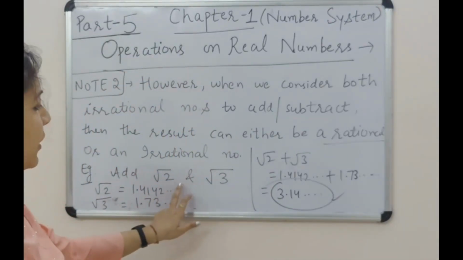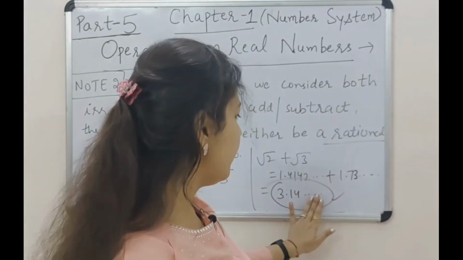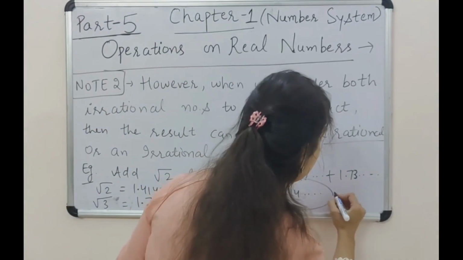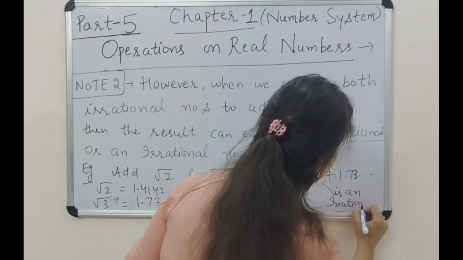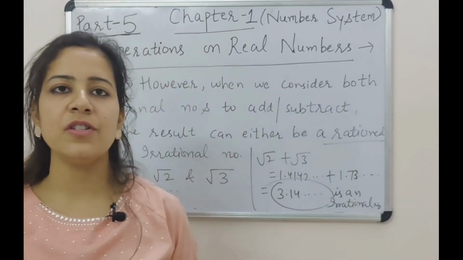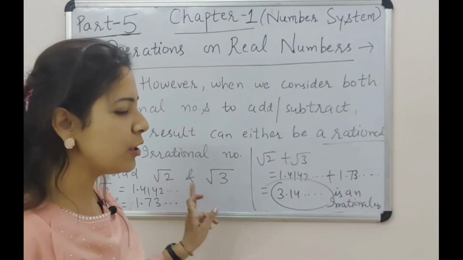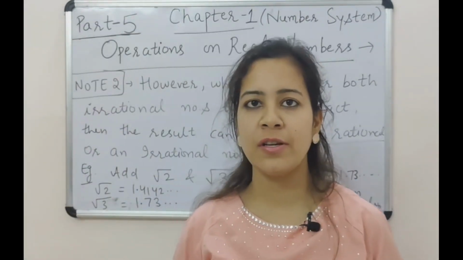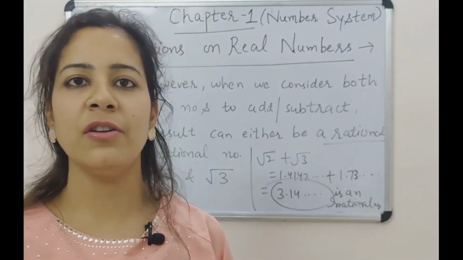So what is the difference over here? Since I have considered two distinct irrational numbers, that is why my output is becoming an irrational number. And in the previous example, where I took root 2 and minus root 2, since both the values were the same, just the sign was changed, after adding them up I was getting 0, and 0 was a rational number clearly.